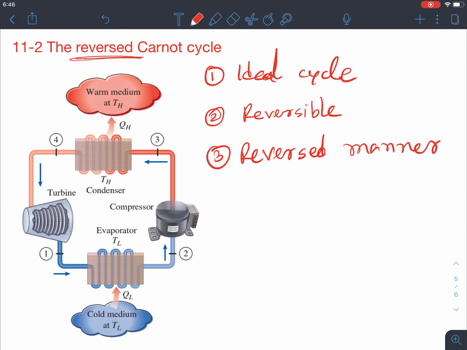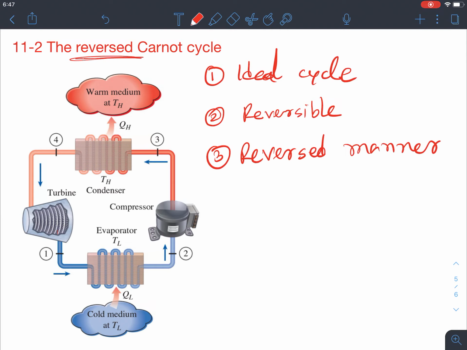We saw in the previous chapter, when we talked about the gas power cycle or the vapor power cycle, that the heat rejection happens in the condenser after coming out of the turbine. However, since all of these devices are reversible and can operate in a reverse manner, heat rejection happens in the condenser before entering the turbine, right?